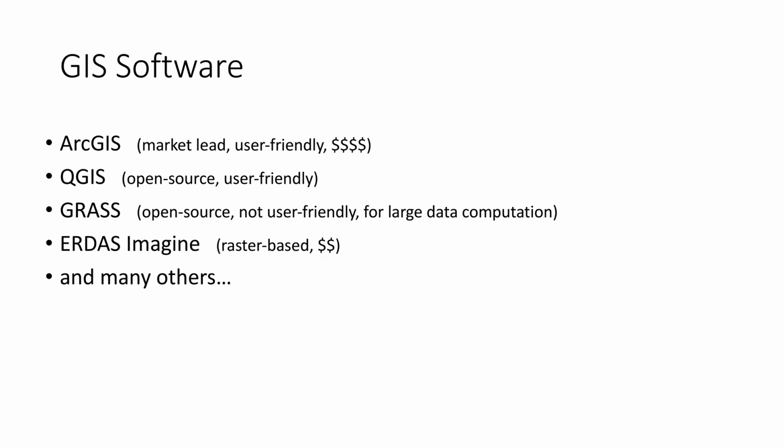So as you can see, there's pros and cons to each and every one of them, but here we'll be using R as our GIS software. And the reason for that is because coding in R allows us to create maps that are reproducible.